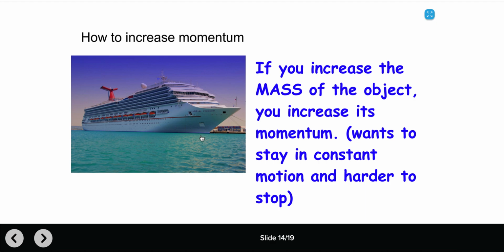It won't have nearly as much momentum as this giant ship, because this giant ship has much more mass, which means it has much more matter that it's made out of. And when something has more matter that's in motion, it's going to want to stay in motion even more. So remember, we call that inertia in motion.